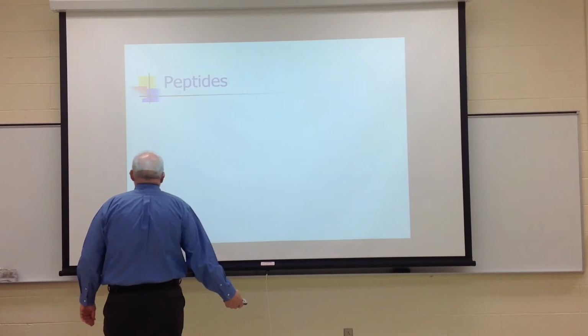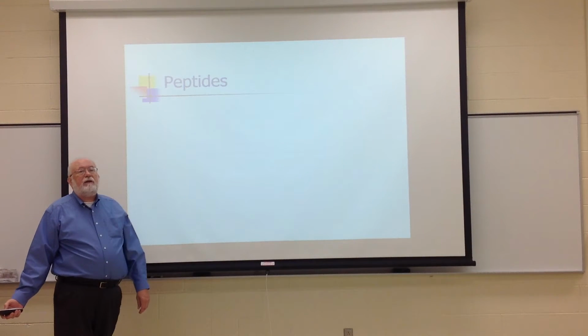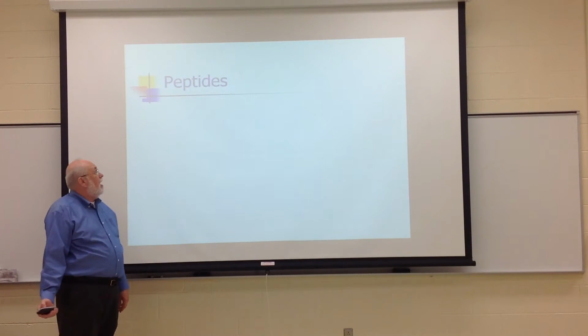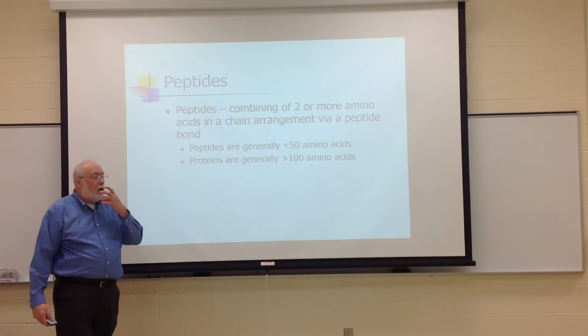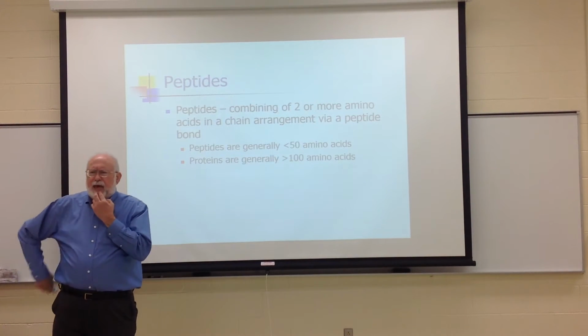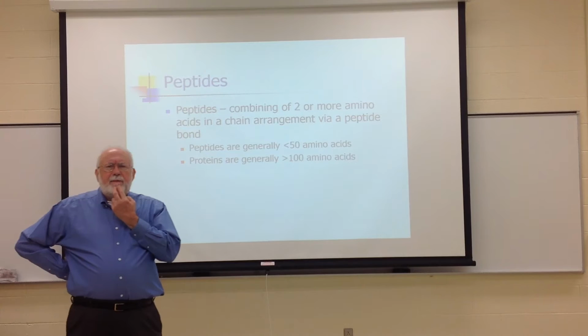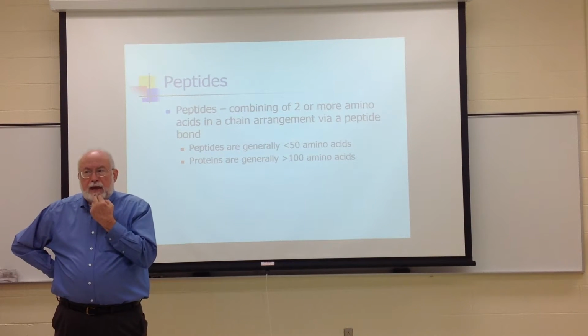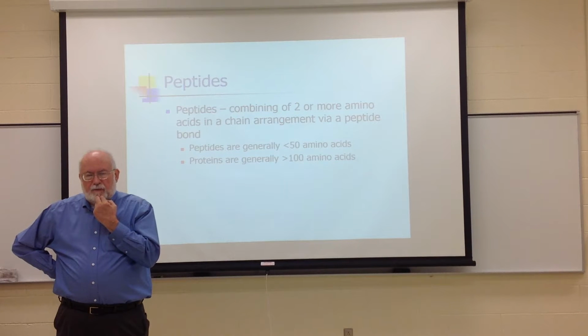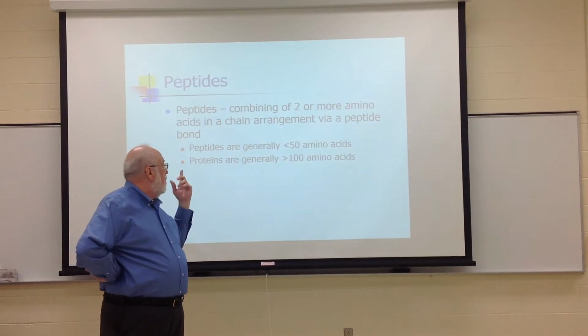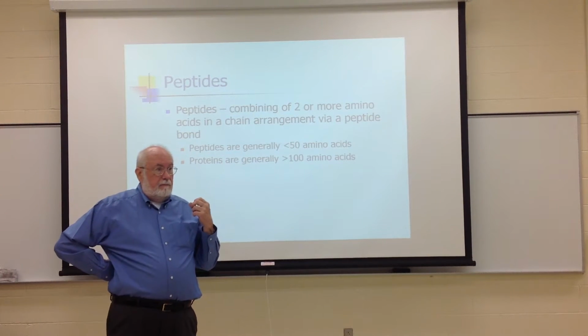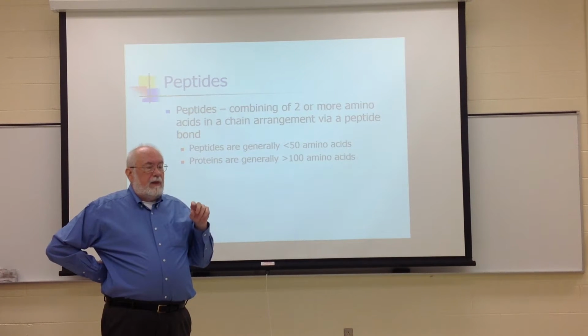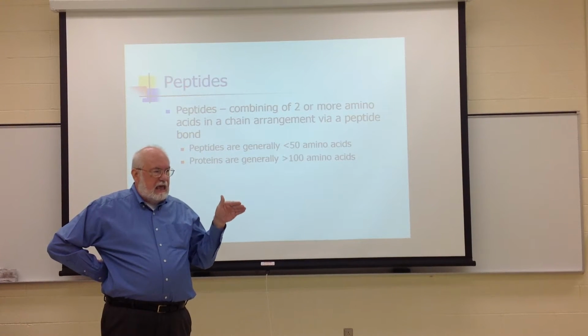Well, we can take those amino acids and we can string them together in a chain. And we can make what are called peptides. Now, what's a peptide? Well, a peptide results when you join at least 2 or more amino acids together, by way of what's called a peptide bond. All right, now, here's another common theme.